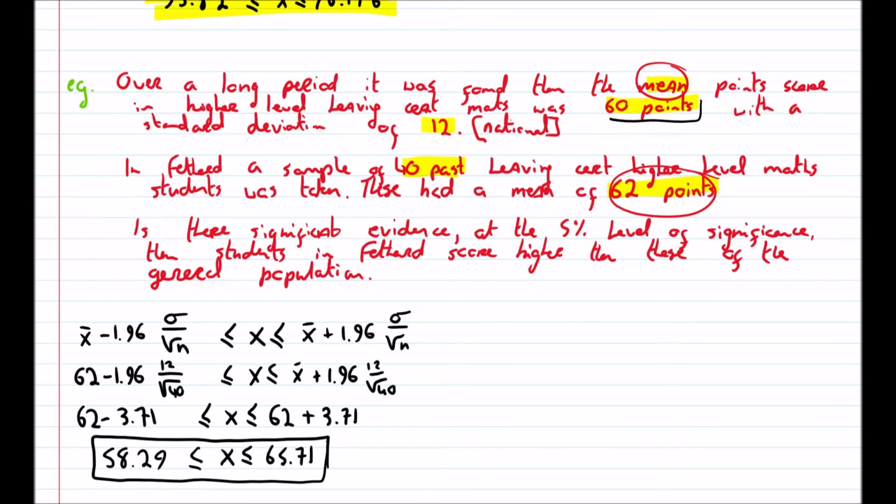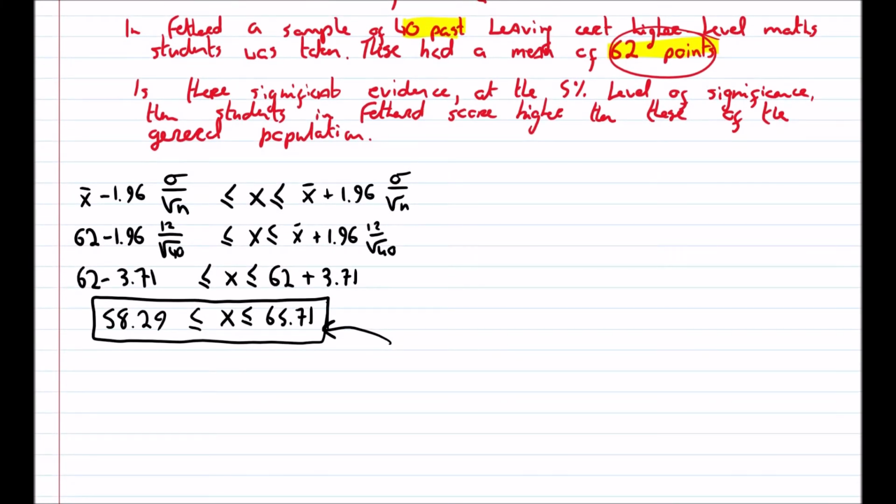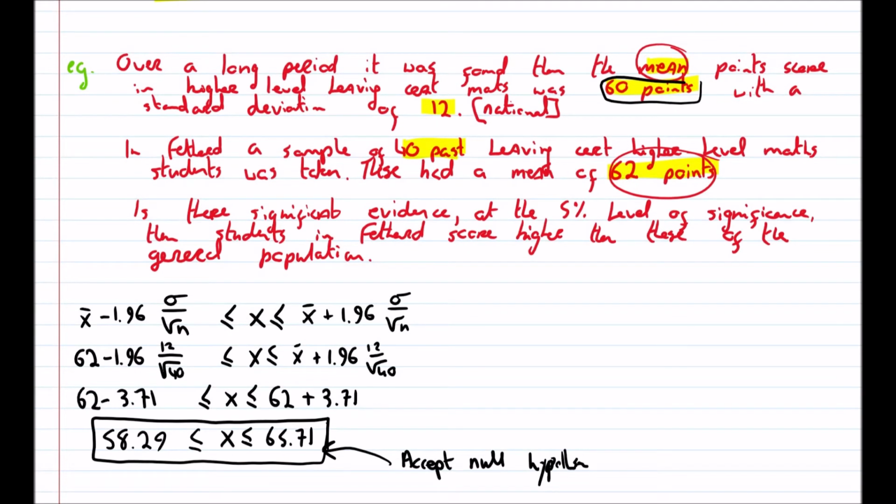And we look here and see, does 60 points lie within that confidence interval? Yes, it does. So we will accept the null hypothesis. And I suppose at the start I should have definitely put in H0, H1. H0 would be: Feathered mean score is the same as national.